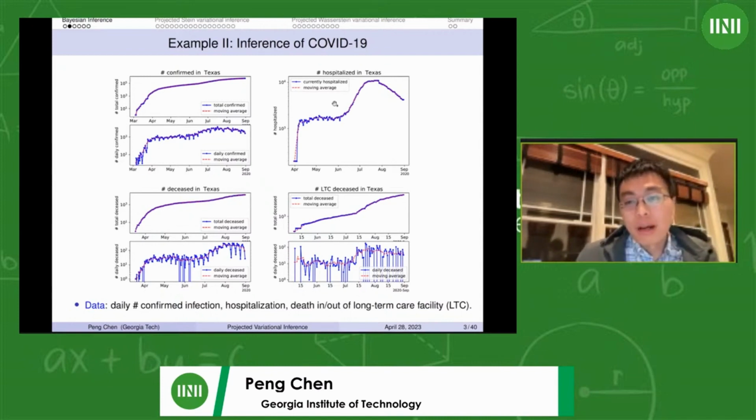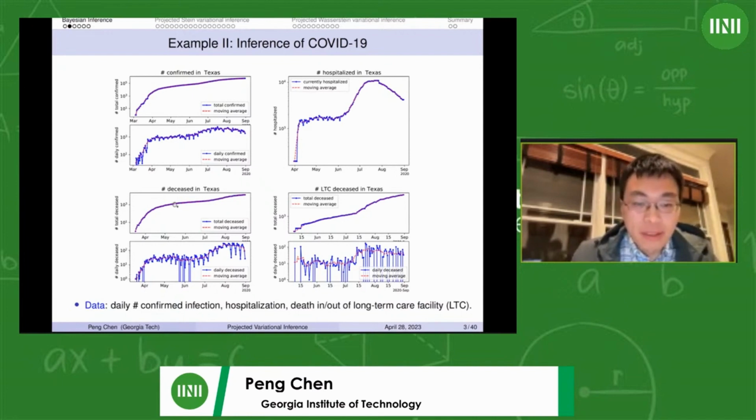We also collected data on hospitalized cases. Here you can see there is a significant growth in the number of hospitalized cases in mid-April in Texas. Earlier than that is probably due to lack of reporting or misreporting.